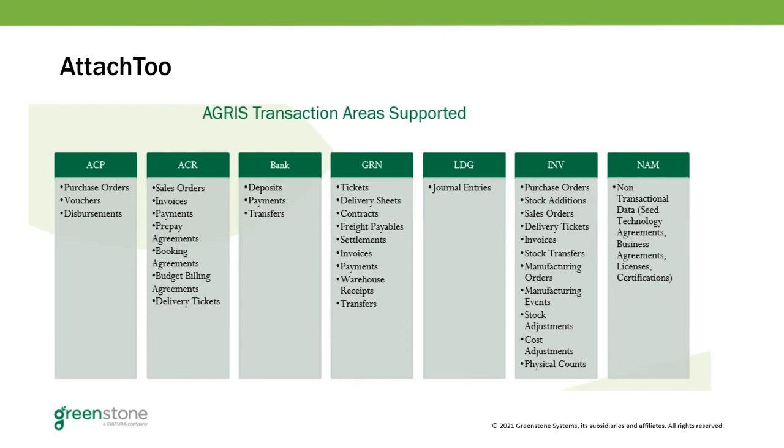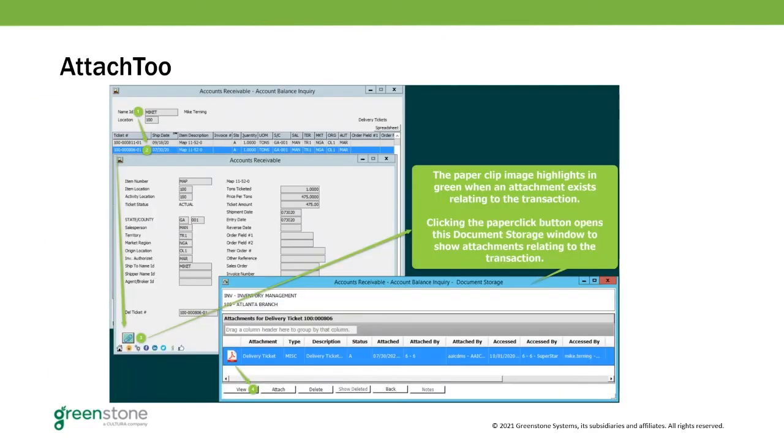Now, as we move on, again, the paperclip in the lower left-hand corner is the magic button there. So this is an accounts receivable account balance, and if that paperclip is green, then there is an attachment related to the transaction.